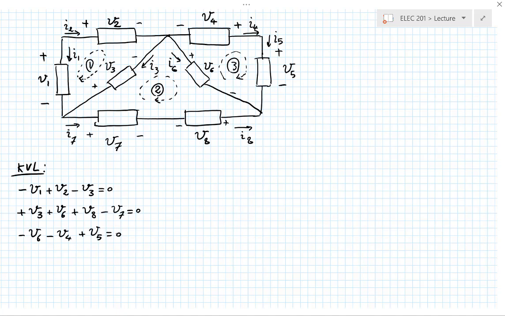So let's look at the KVLs here. So far, we have written 3 KVL equations, okay? Now imagine I take any other loop. So let's take the loop that is the combination of loop 1 and 2, okay?